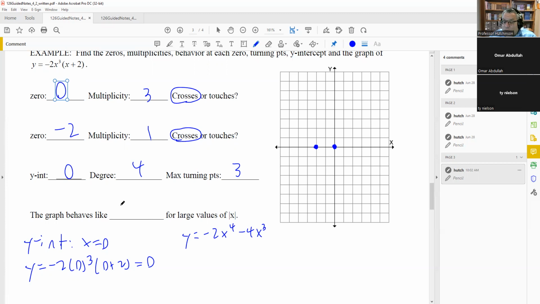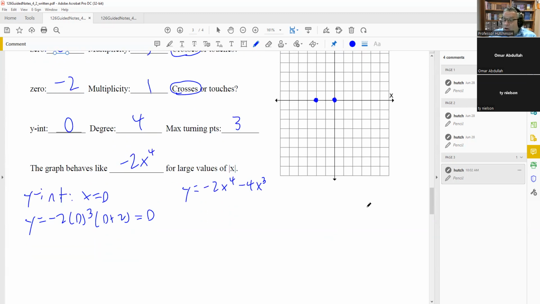If this blank asks for the power function, or what the graph behaves like, we just take the term with the highest power. The one that has our degree is negative 2x to the 4th, and that's the term I want to look at. That's also the term I'm going to look at for finding the end behavior.